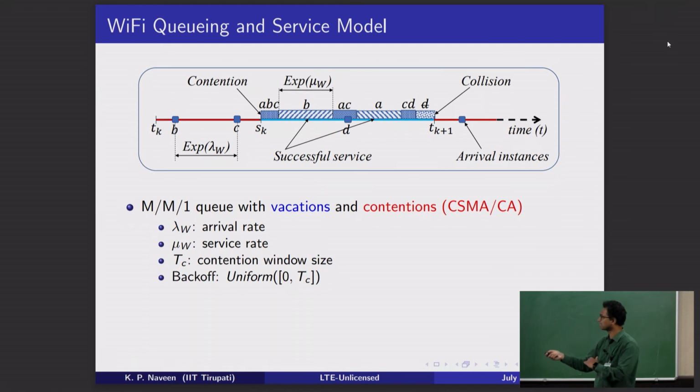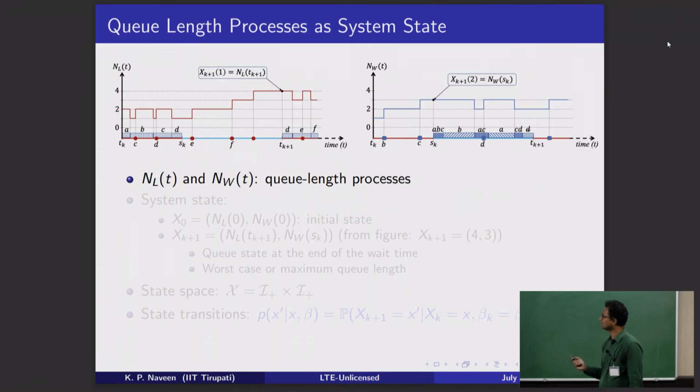There are other technical aspects, so I will not go into those details, but essentially now we are setting up what is the state of the system. The x-axis is time. The y-axis is the number of packets in the LTE queue, that is N_L.